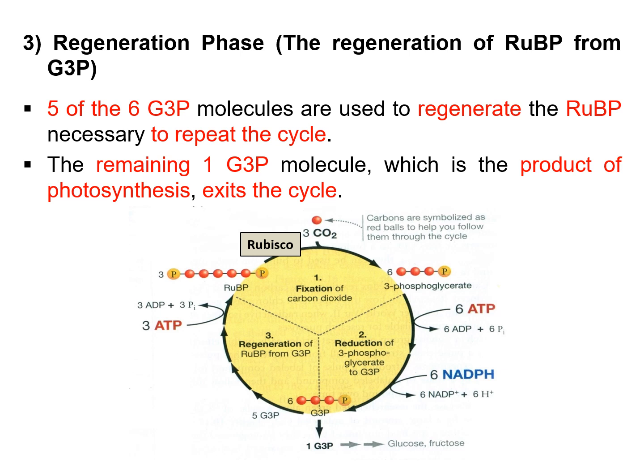And now we know in the final phase, the product of photosynthesis will exit the cycle to be used in the form of glucose.